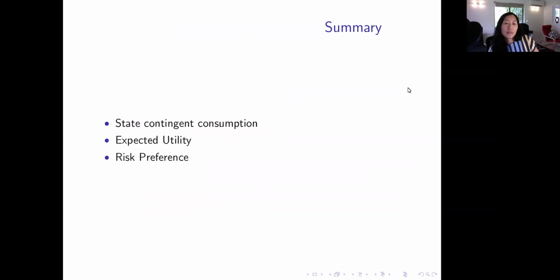In summary, in this lecture, we learned about the state contingent consumption, expected utility, and the risk reward. The approach for this lecture is quite different from the other lectures that you may have previously learned, but you can see that there are actually some similarities and some applications where you can use your previous knowledge and adapt or apply it to the von Neumann and Morgenstern utility function.